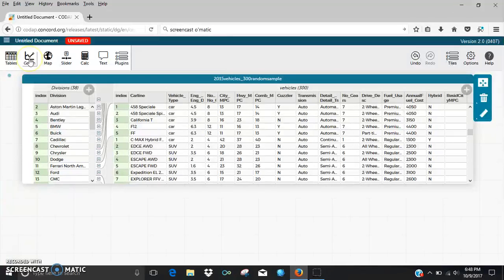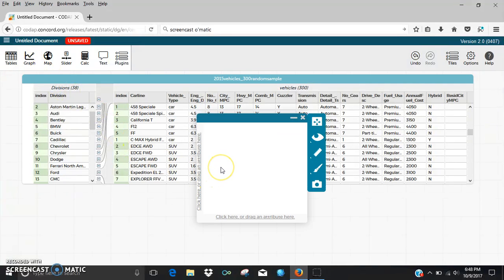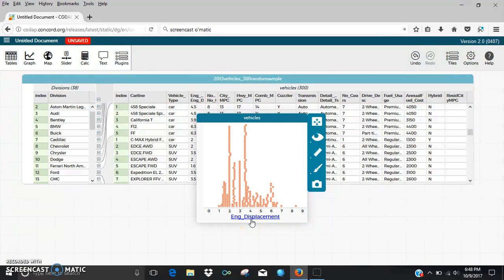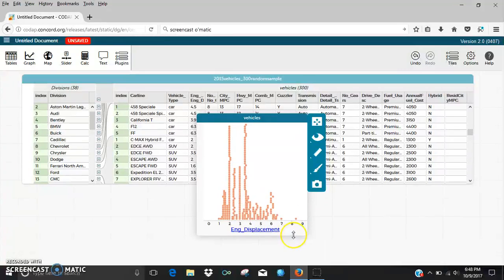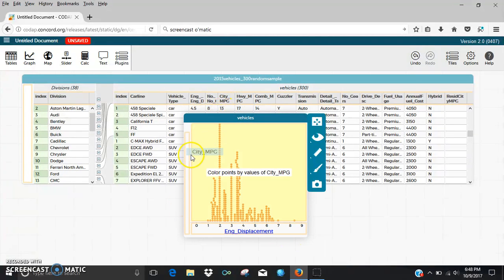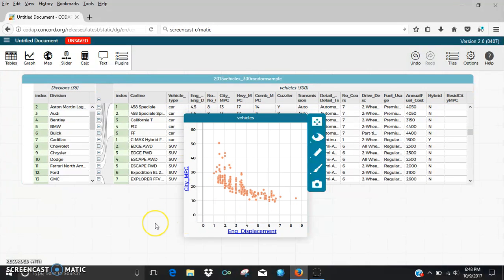To begin with, we could graph these variables. Basically, each type of engine creates limitations on the range of city MPG for a vehicle. So engine displacement is going to be our independent variable, and it goes on the x-axis. City MPG is the value we want to predict. It goes on our y-axis.